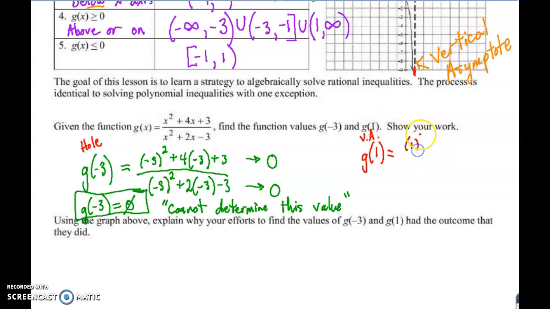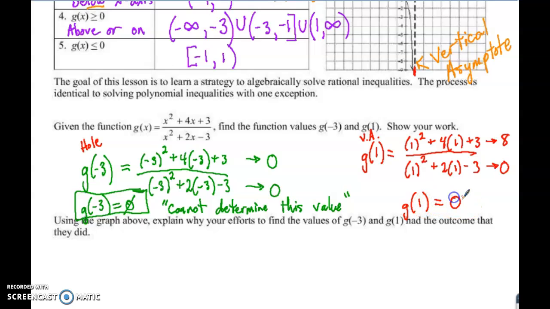But anyway, the reason why this one's a little bit more interesting is you actually get a value in the numerator. 1 plus 4 is 5 plus 3 is 8. I mean a value other than 0. Whereas in the denominator, 1 plus 2 is 3 minus 3. You get 0. Well, what happens if you divide by 0? This one is definitely undefined.